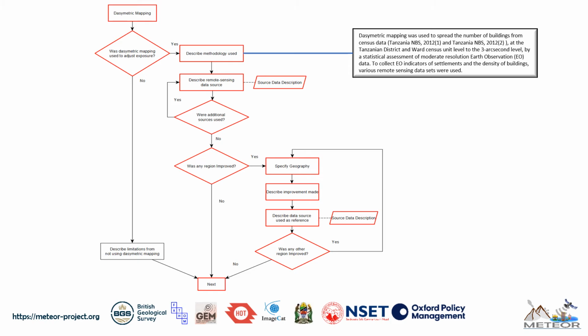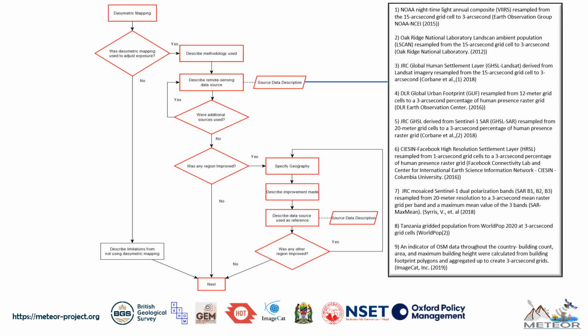by way of statistical assessment of the moderate resolution Earth observation data to collect Earth observation indicators of settlements and density of buildings. Various remote sensing datasets were used. The following remotely sensed data products were used for the dasymetric mapping.